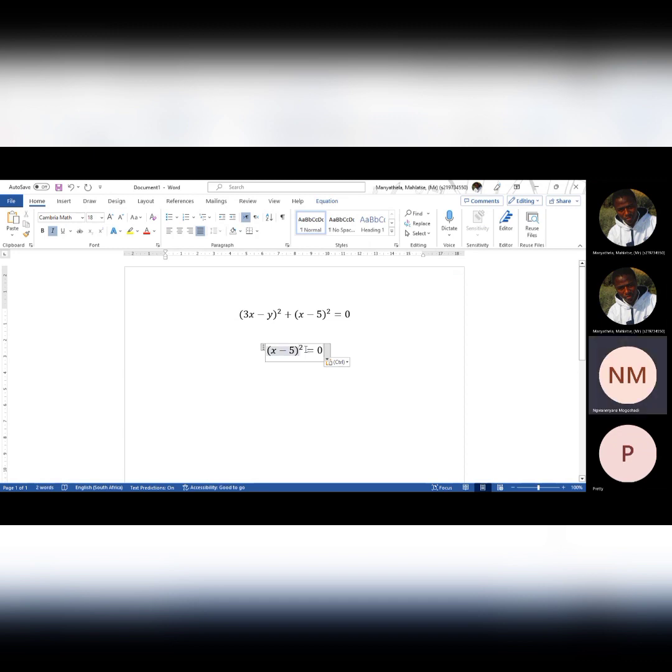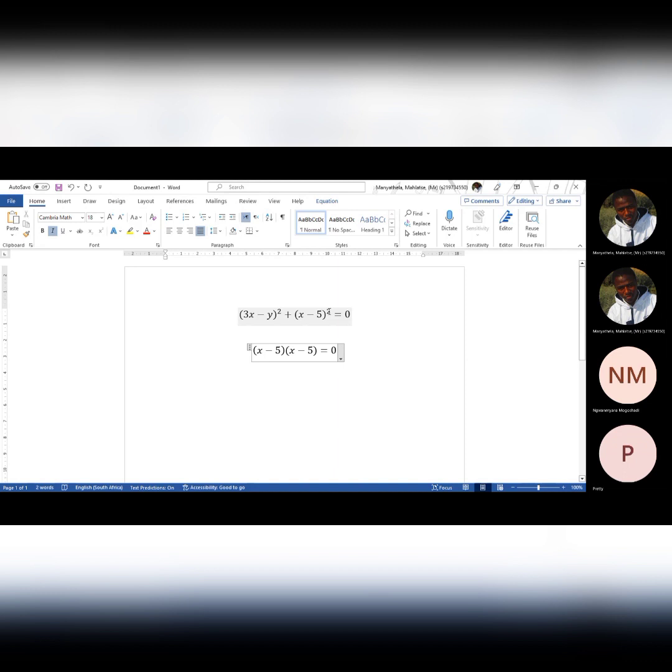It's a binomial, so it's the same as something like x subtract 5 into x subtract 5 again. It's the same.